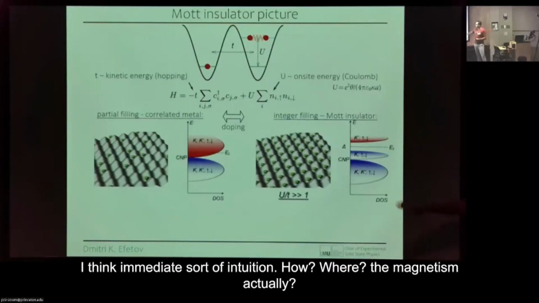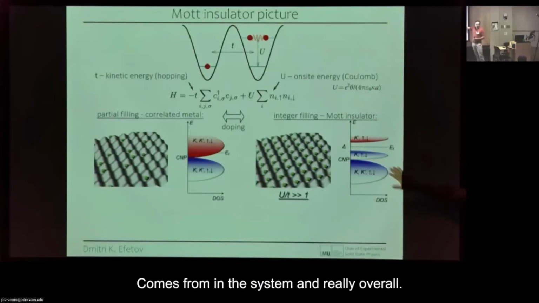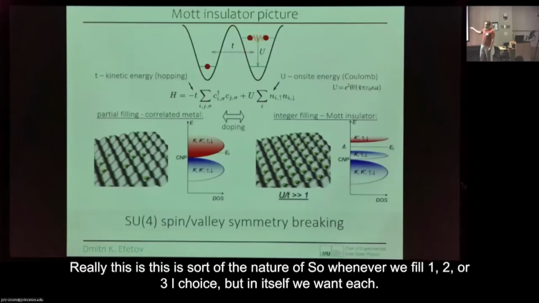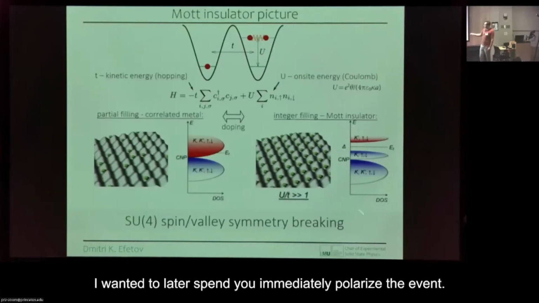But this gives you, I think, immediate intuition where the magnetism actually comes from in the system. And overall, this is the nature of the symmetry breaking. Whenever we fill 1, 2, or 3 electrons per unit cell, we form these Mott insulators, and we immediately polarize the band and break some symmetries.